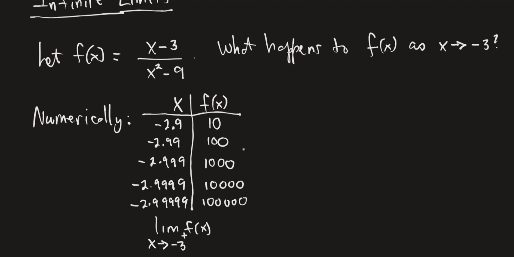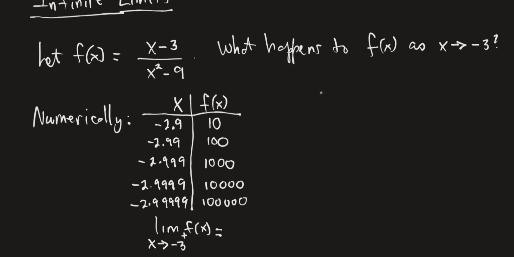How do we make sense of this? We can't say that the y values are getting closer and closer to any specific number. It starts at 10, and after a few steps, the function value is at 100,000. What does that mean? Think about what we could write there that would be consistent with what we were observing in this table.